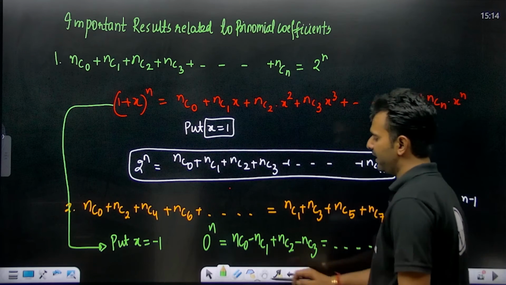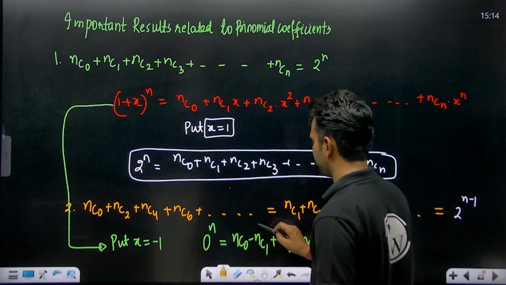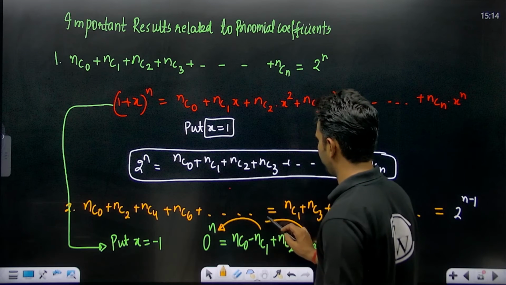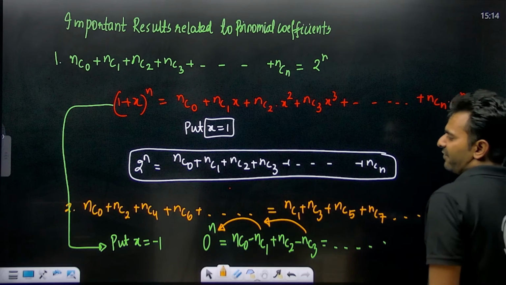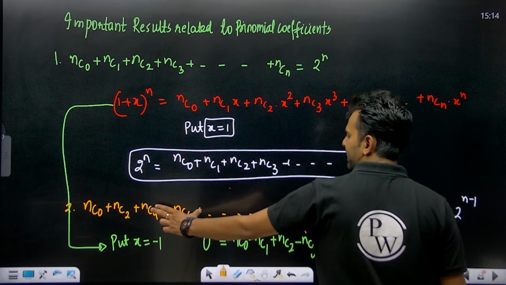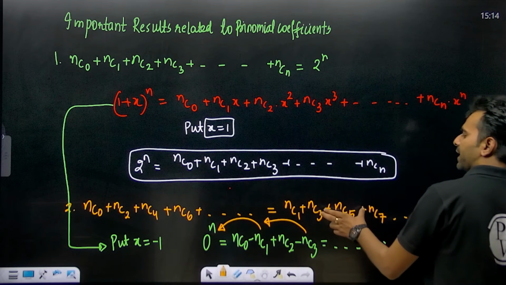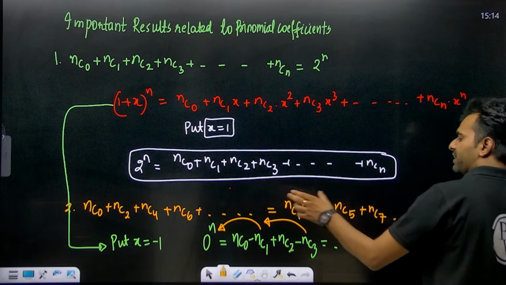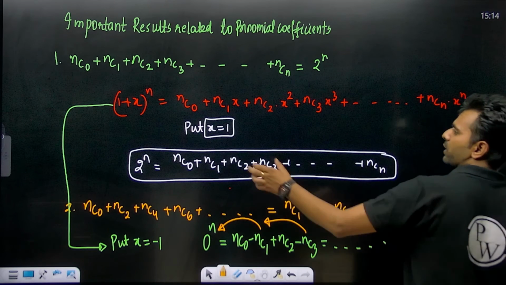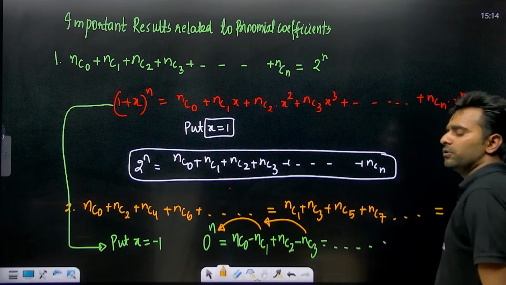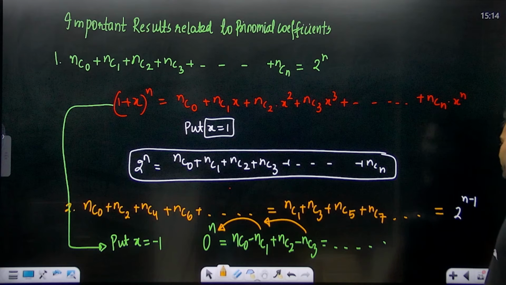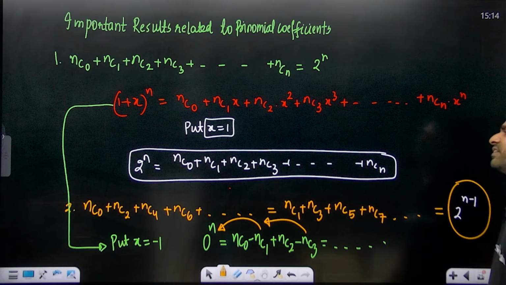Now you can feel that if we take nC1, nC3 onto the left hand side, the following result will come. If we call this particular thing t, and this will also become t, so t plus t, 2t, will be equal to 2 to the power n. So 2t equal to 2 to the power n means t will be equal to what? Will it be equal to 2 to the power n minus 1 or not?